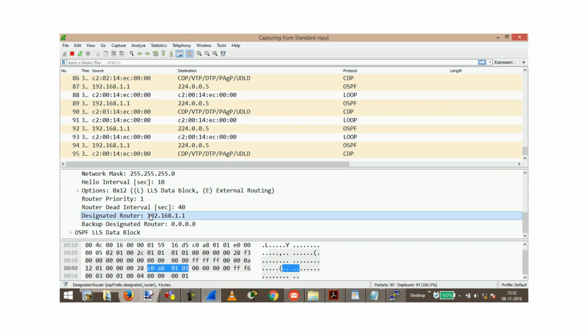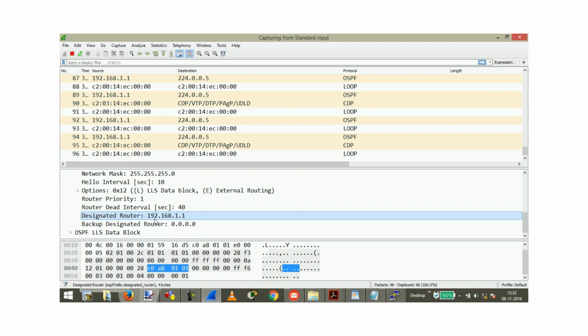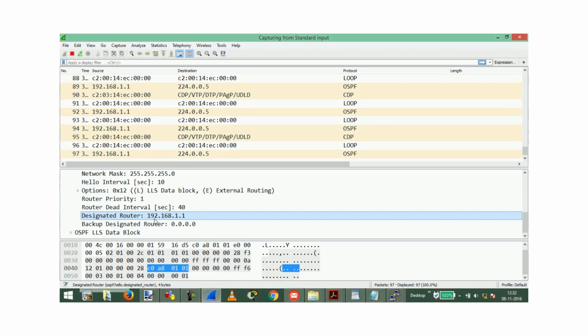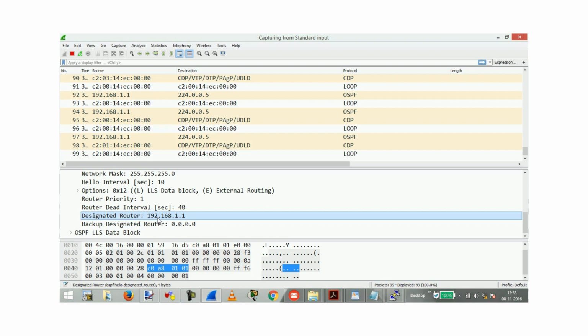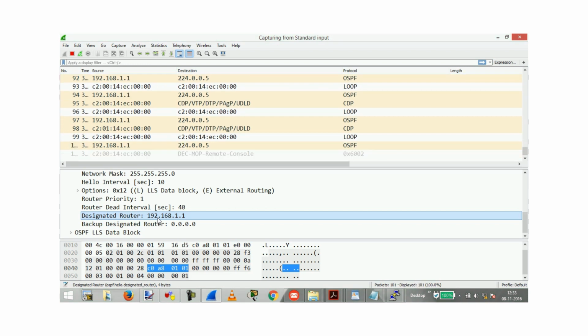Once the DR and BDR are selected, no other router can become the new DR. The reason is because whenever a new router comes, it will automatically get to know that this network already has a DR and BDR. Why? Because all the routers, when they send hello messages, they send the DR and BDR information.